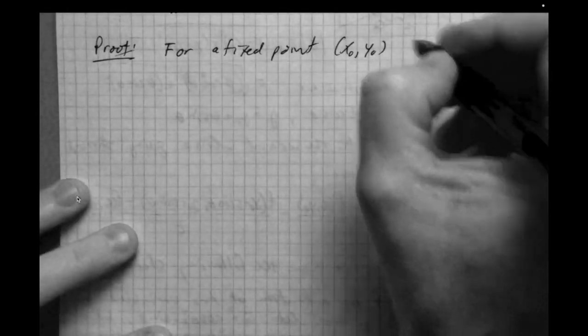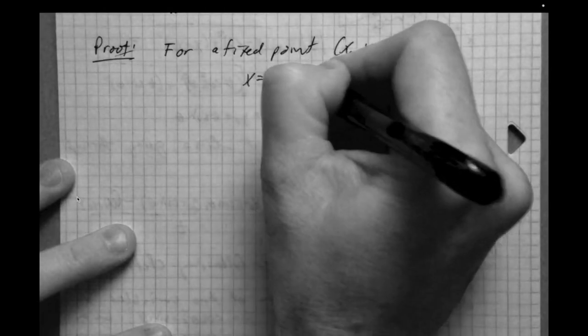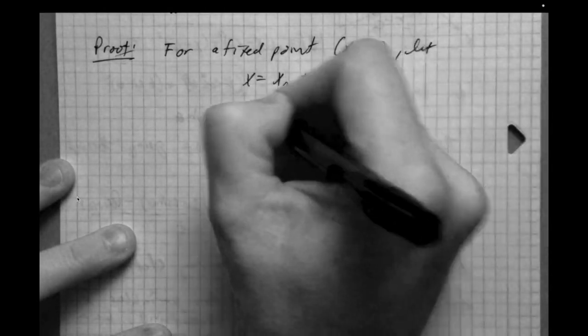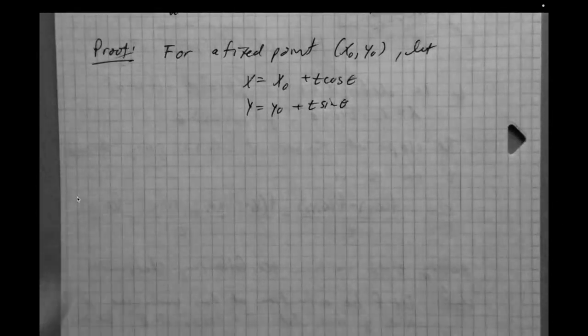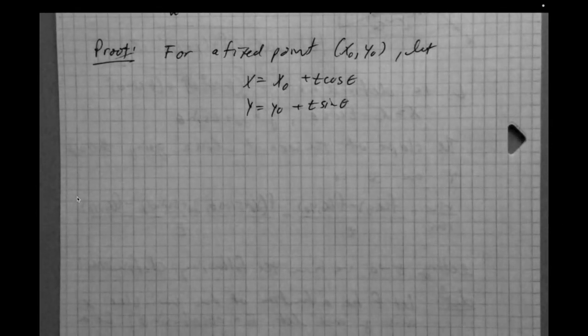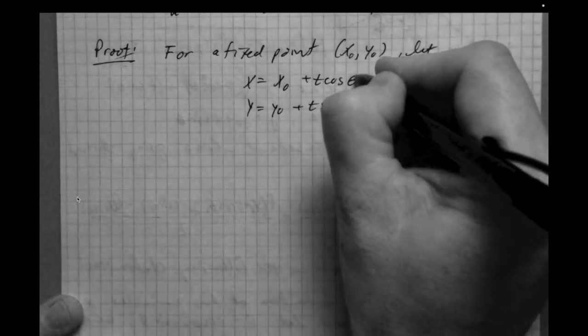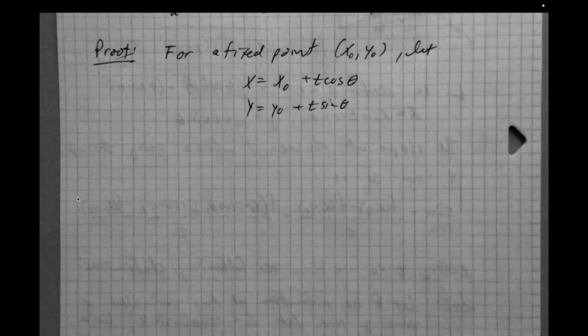Okay, so for a fixed point x naught, y naught, let x equal x naught plus t cos theta and y equal y naught plus t sine theta. Okay, and so this is going to be the line in the plane that passes through x naught, y naught, and is obviously in the direction of u.